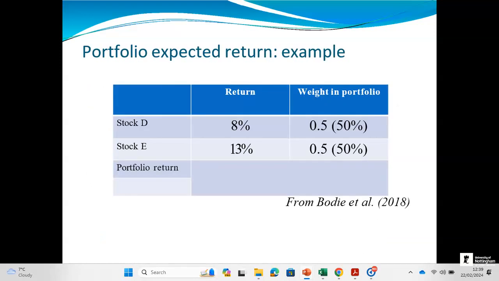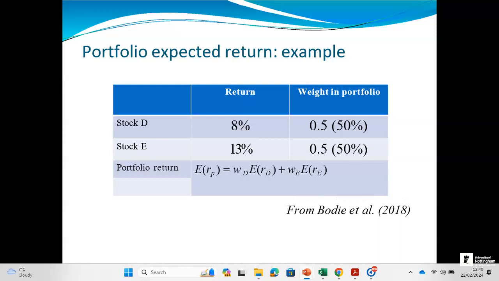Okay, so here's a quick example to show you how you can calculate portfolio return. Let's say we have two stocks D and E. The return of stock D is 8%, and here we're talking about expected returns. Stock E expected return is 13%. So if you put 50% in each of these two assets, we can calculate the portfolio return, which will be simply the weighted average.